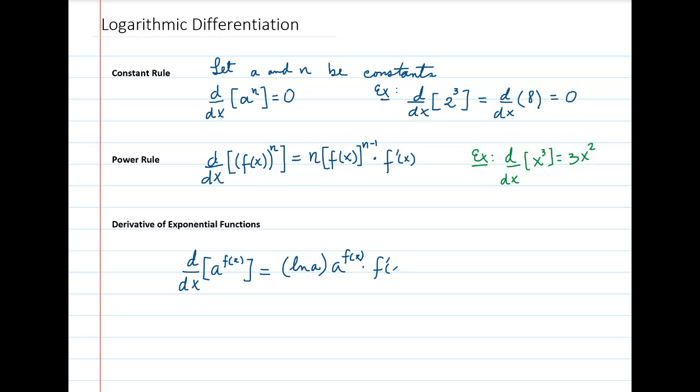So instead of x, I'm just going to use f of x to have a more general formula. And we get that the derivative of a raised to some function of x is equal to the natural log of a times a raised to the f of x, this function, times the derivative of f. Now an easy example would be the derivative of 2 to the x. That's equal to the natural log of the base 2 times 2 to the x.